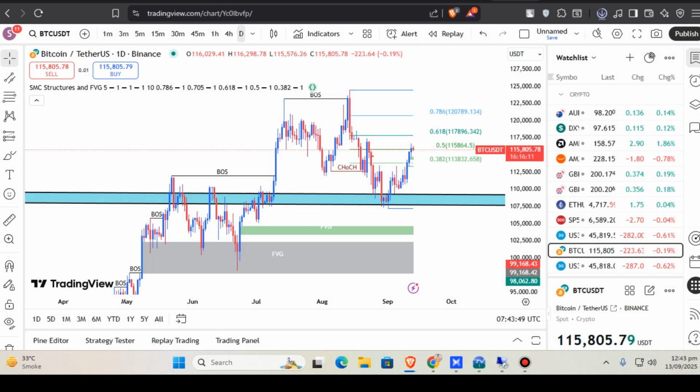Previously, as you can see, a breakout structure has happened here, and the market clearly broke that structure upside, again retested this level perfectly, and also there was a fair value gap present, and that fair value gap was mitigated perfectly, and it goes up to here, and again a break of structure had happened on the upside.